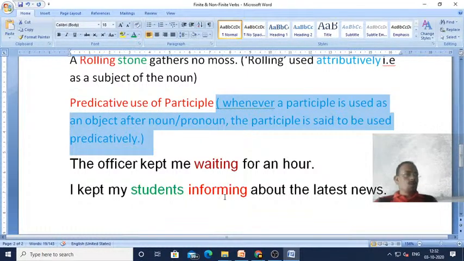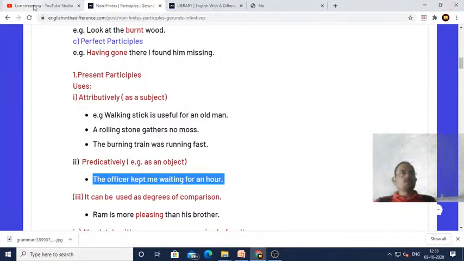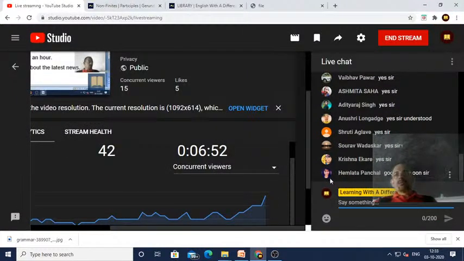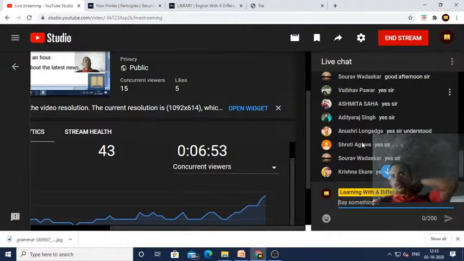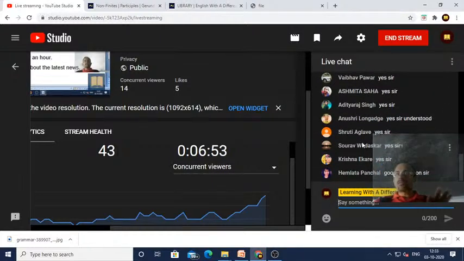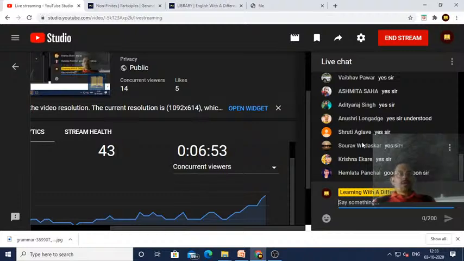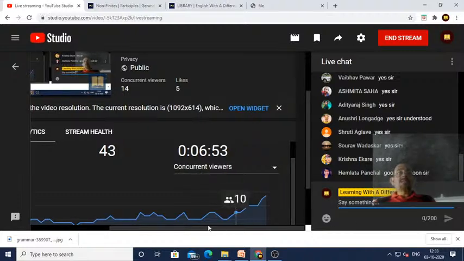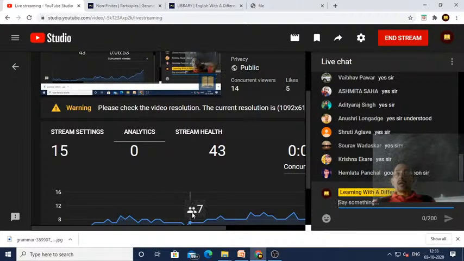So that's all about the explanation part of present participle, dear students, and the rest you all know. You know the rest of the rules I've explained. Only these 3-4 concepts are difficult. One is attributively, next is predicatively, then what is the difference between an object and a complement.